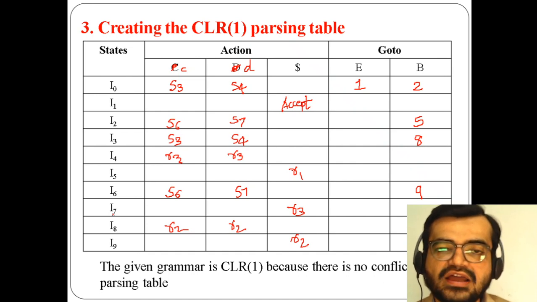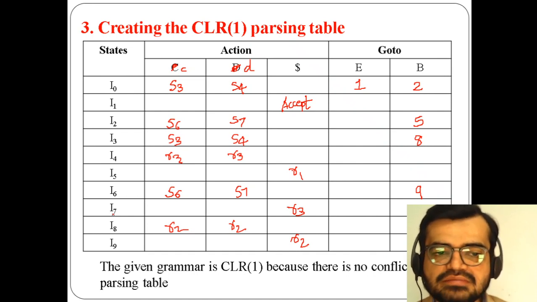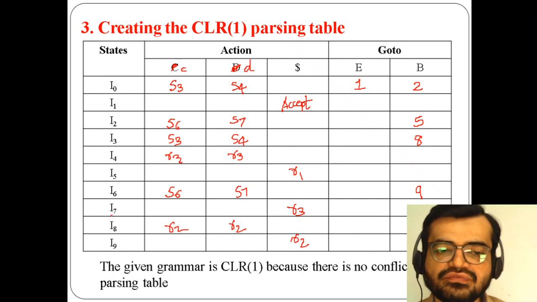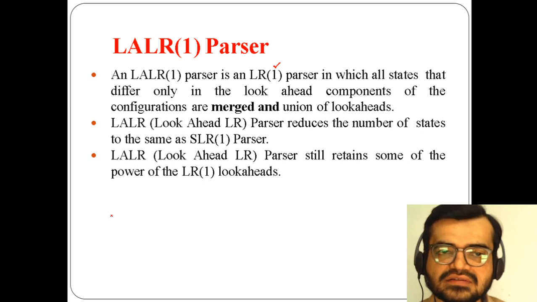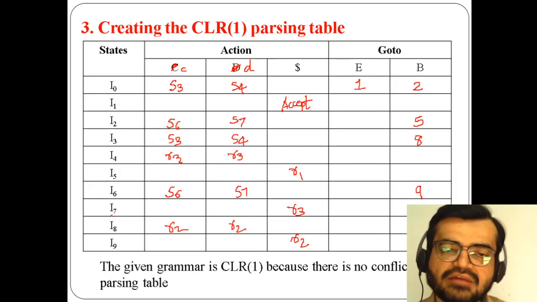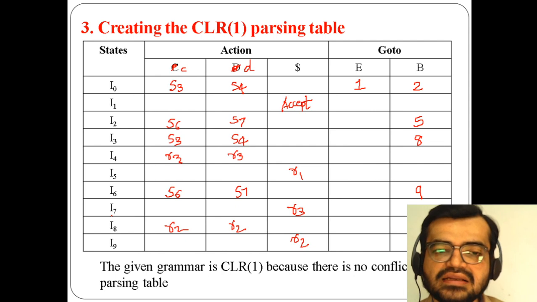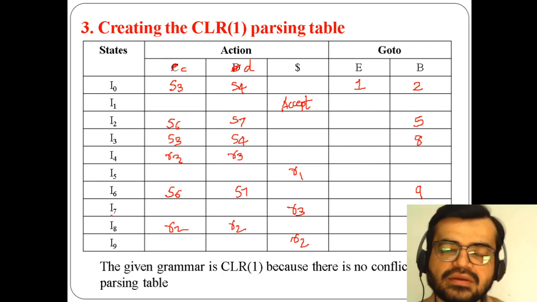So why can't we use the same terminology, but decrease the number of states? That kind of thing has been taken into the LALR of one parser. The same thing we performed in the CLR of one parsing table will be performed here as well in LALR. But the advantage in LALR is that it uses fewer states when compared with the CLR of one parsing table.